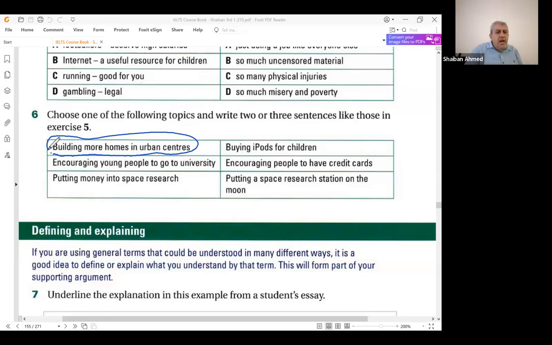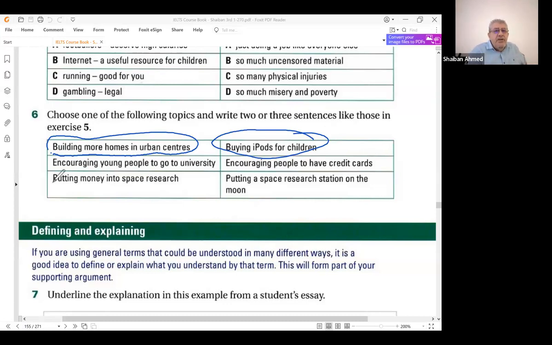Or encouraging young people. Now I would give you 5 minutes, guys. I want you to try these 6 sentences. I want you to answer 3 or 4 of them. Buying iPods for children. Refuted. Encouraging people to have credit cards.